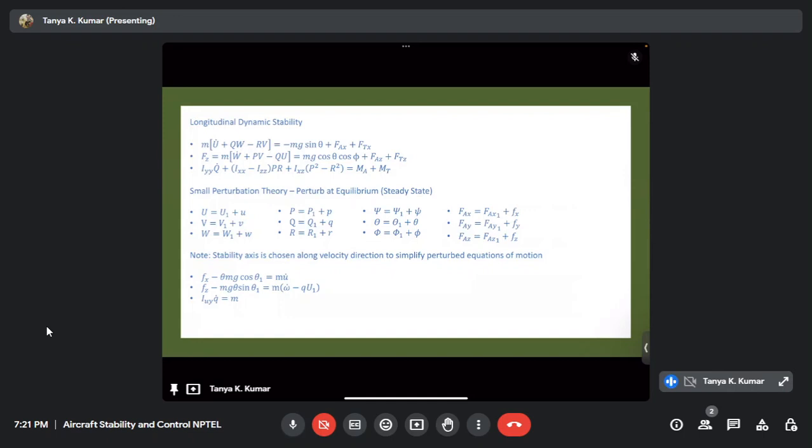What is the aircraft in equilibrium called? Trim, right? Okay, so take any such equilibrium conditions, steady state equations, and perturb the aircraft at such a condition.